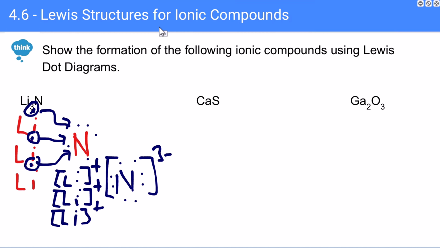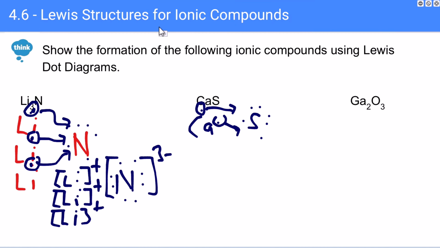So again, even if you're not given the chemical formulas for this, you should be able to figure out how many electrons get transferred. Let's do calcium and sulfur here. Calcium, based on its periodic table location, has 2 valence electrons, and sulfur has 6. Calcium is going to transfer both electrons over to the sulfur.